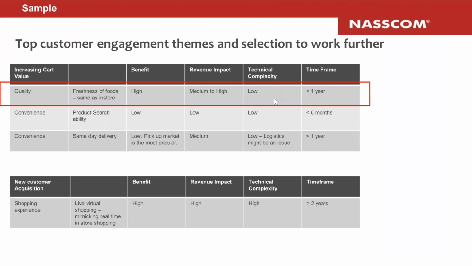Technical complexity is low. Again, it's an assumption. It can be low or high depending upon your product. And then a time frame, which is again a t-shirt sizing or a guesstimation at this moment, which would be less than 1 year. Now, based on these 3 or 4 parameters, as a product manager, I feel maybe if I deliver something on quality, it would have a maximum impact, and then I would go to other themes for analyzing them as well.